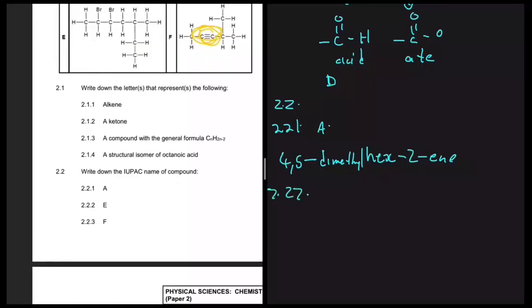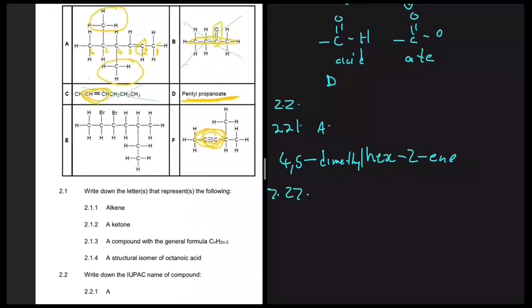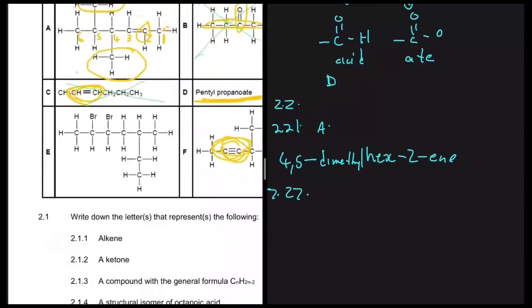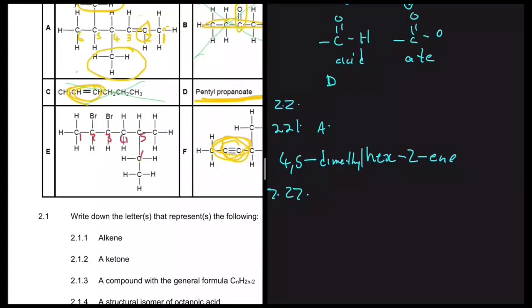Now we can go and do 2.2.2. We need the IUPAC name of compound E. So let's go look at compound E. Let's look for the longest carbon chain. So if we say this is 1, 2, 3, 4, 5, 6, 7, and then if we take this way and we keep going forward, we get 6, right? So we can conclude that the longest carbon chain has 7 carbons. So what is 7? We know fully well that 7 is hept, right?